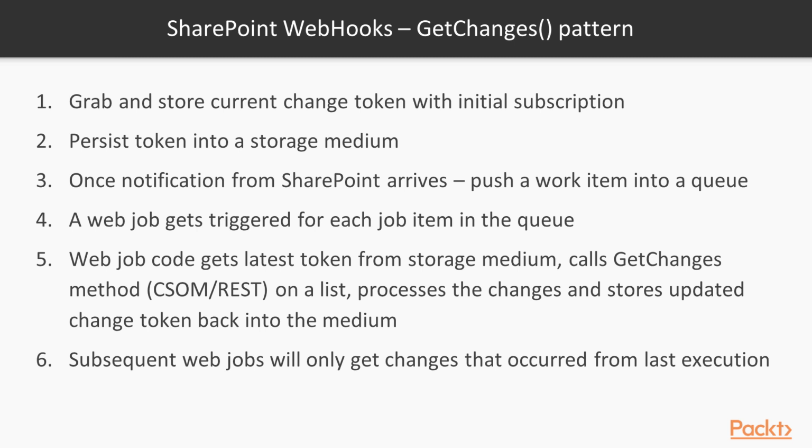And then it will also, along with that list, push an updated changes token, which our web job, upon processing the changes, would then again store in the storage medium, so that the next iteration of our web job would get a renewed token.